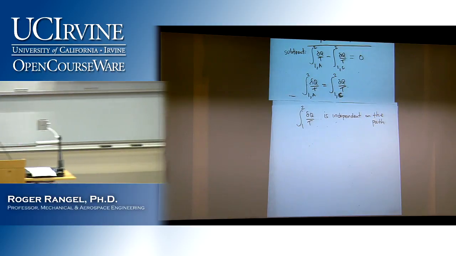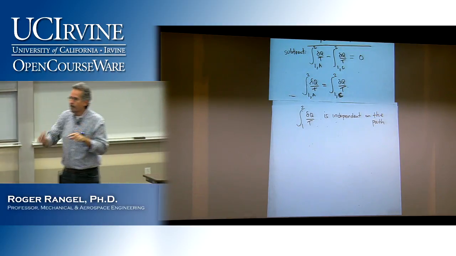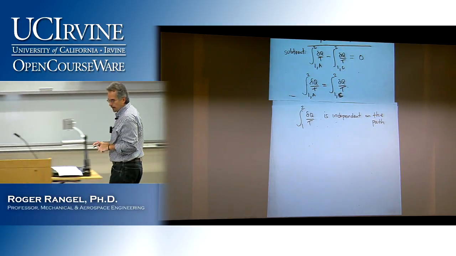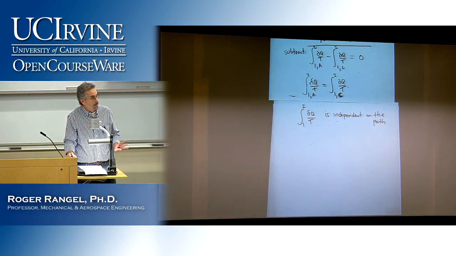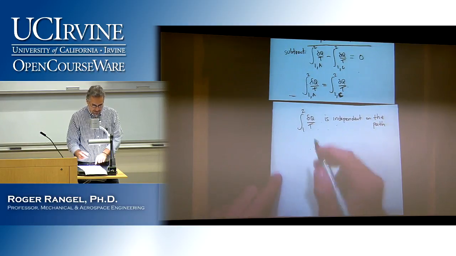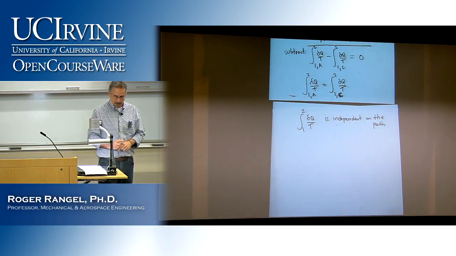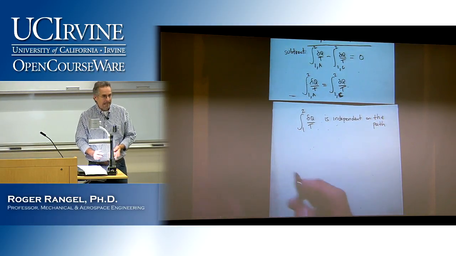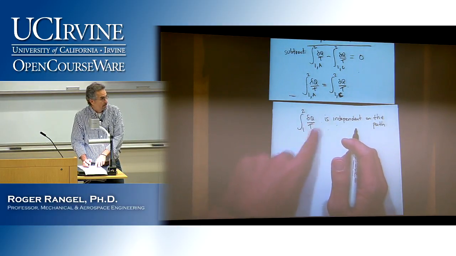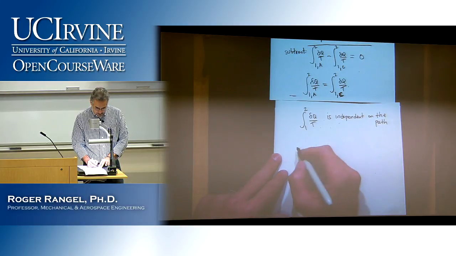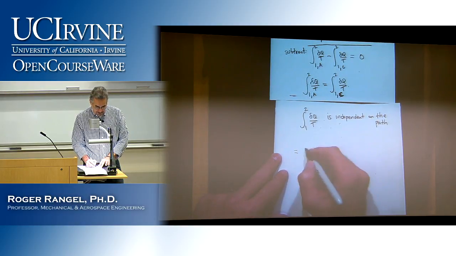So I have an integral of something between 1 and 2 that is completely independent of the path. Doesn't matter how I get there, I'm always going to get the same result. So what that means is that this quantity is some differential. I could call this the differential of something.